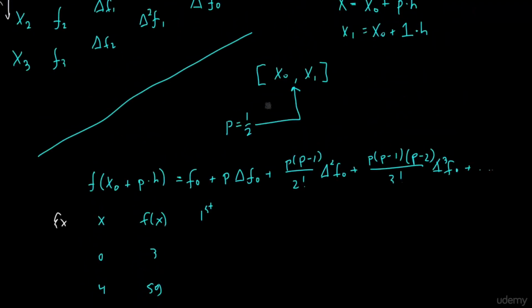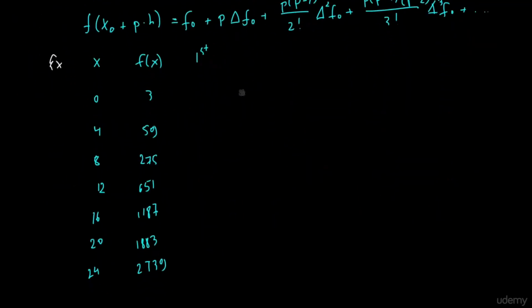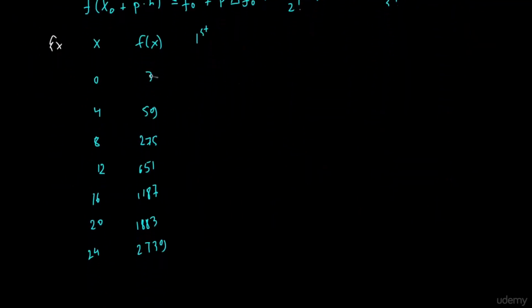First of all, remember we have this table. So the first deltas are actually easy because they're just the differences between the f of x values. So you get something like 56, 216, 376, 536, 696, and 856.